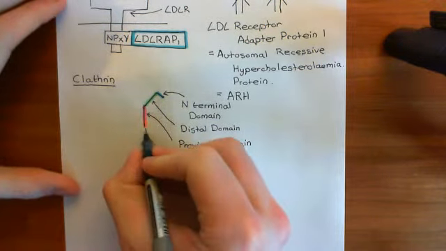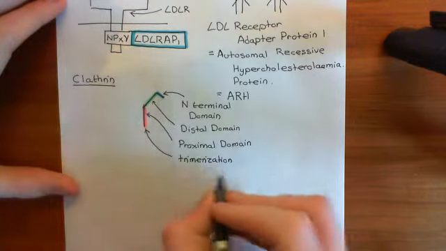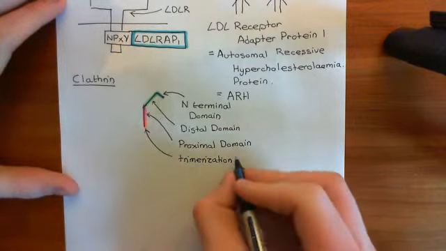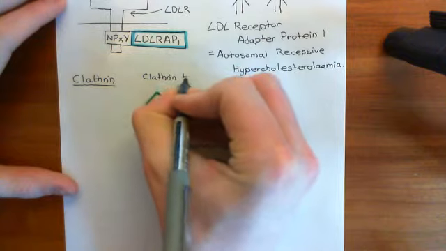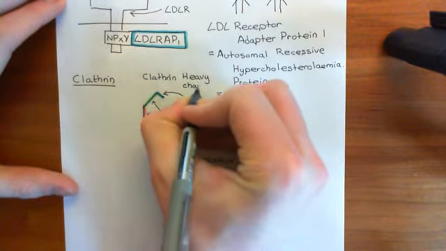And it's going to be involved in trimerizing 3 Clathrin molecules together to make a Clathrin triskelion. So this is the trimerization domain. So this is the Clathrin heavy chain so far. We have not seen the Clathrin light chain. This is just a half of a Clathrin molecule, the Clathrin heavy chain.